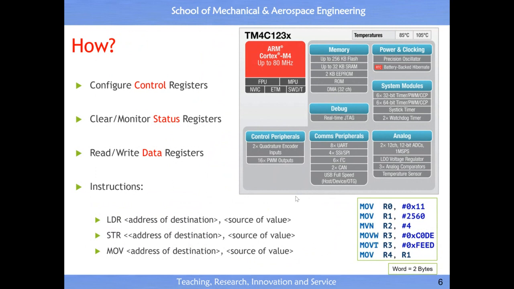And the primary job of a programmer of a microcontroller is to determine the right value for the right register. As long as you are able to determine the right value for the right register, then you just use one of these 3 instructions to set the value to the register.